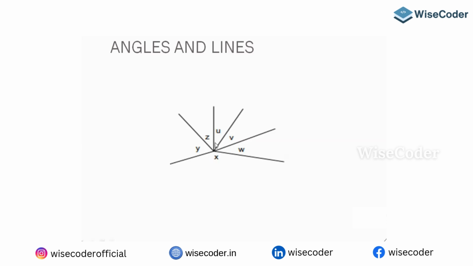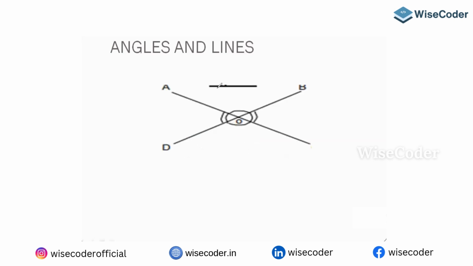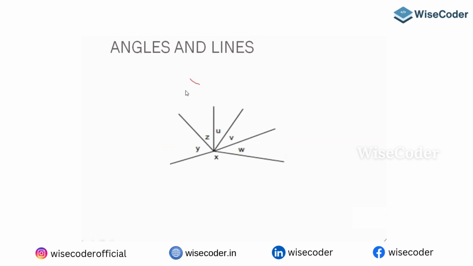So now this will become a circle. A circle is nothing but 360 degrees. So now I can say X plus Y plus Z plus U plus V plus W will become 360 degrees.